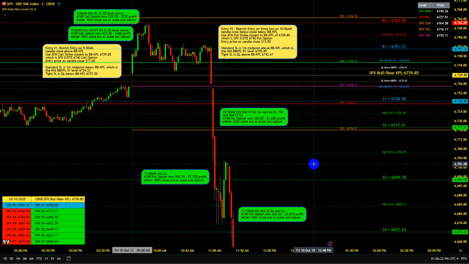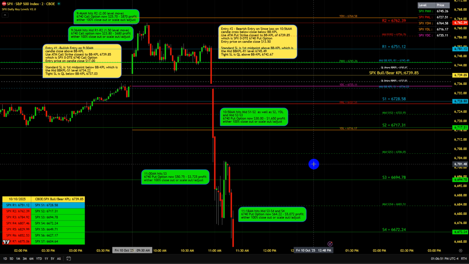But the indicator can go up to 10 levels above and below for extreme volatility, such as we saw in the COVID pandemic, or when we have days like today when we have extreme volatility. So those are all in the user control panel. You can turn off or turn on as many of the main levels that you wish to see on your chart.